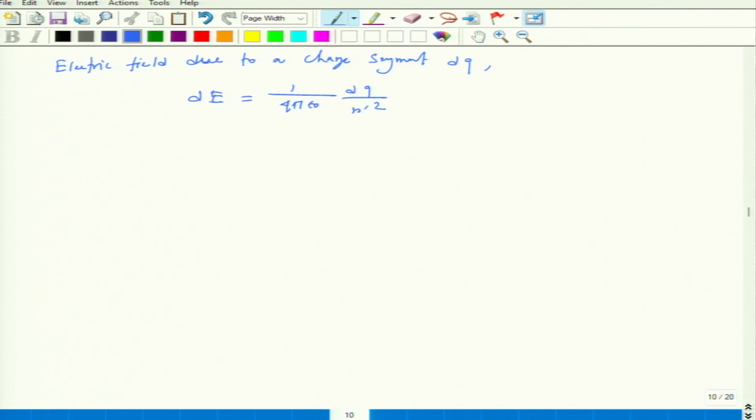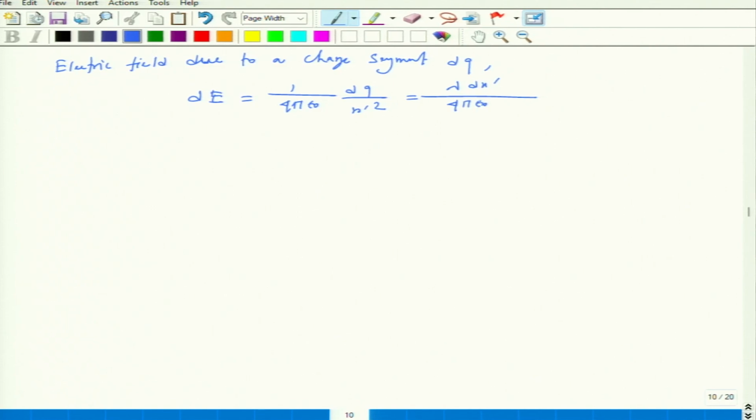Putting in the form of dq, lambda times dx prime over 4 pi epsilon naught.